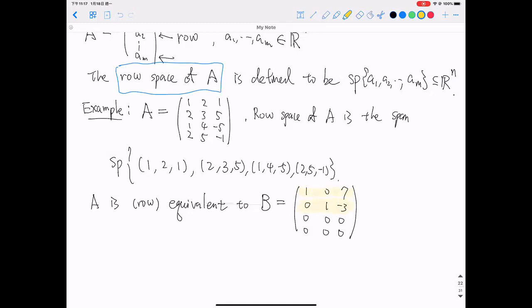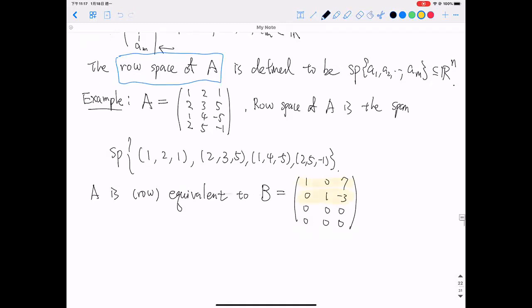Now it only has 2 non-zero rows. The row space of B is the span of the rows of B, but adding a 0 row to the span doesn't do anything. So what you really have as the row space of B is the span of these two vectors.